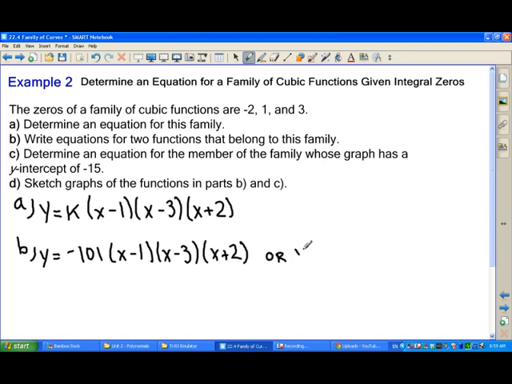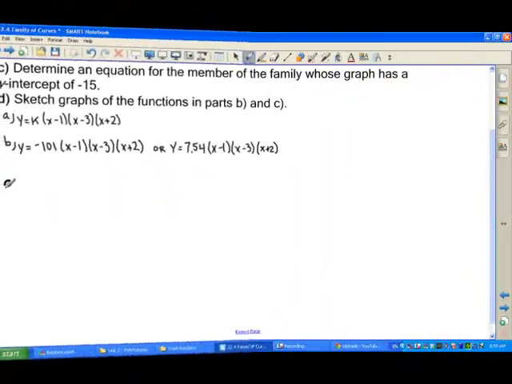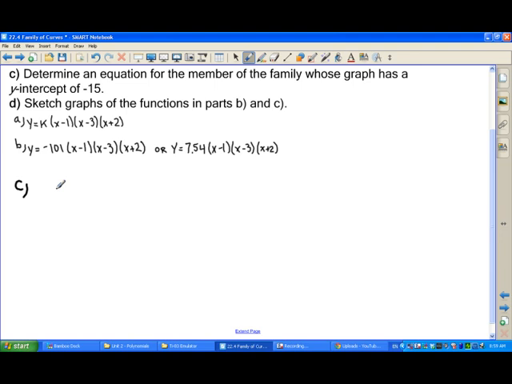And then I'm answering the question. Where we need to get specific is when we're trying to find an equation that has a specific condition.